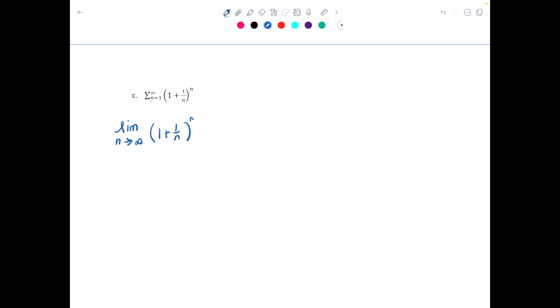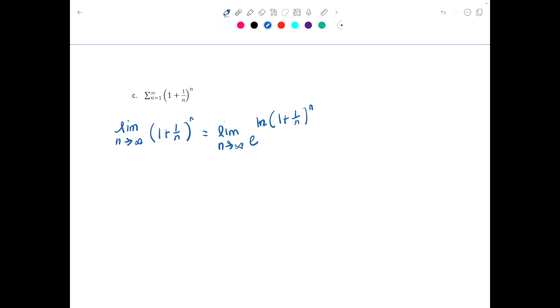So what we will do here is we will rewrite this as the limit as n approaches infinity of, now it gets weird, because we're going to write it as e raised to the natural log of 1 plus 1 over n to the n. So we just messed it up a little, but that equals what we started with.